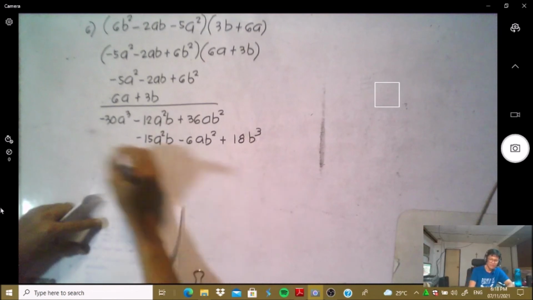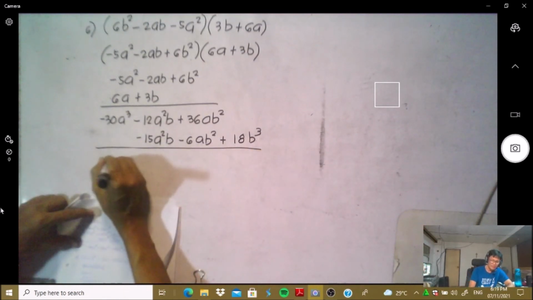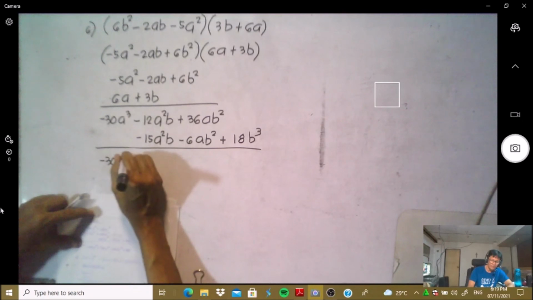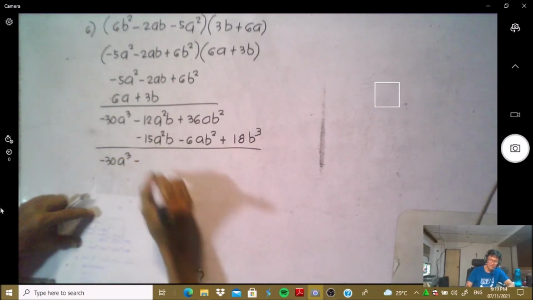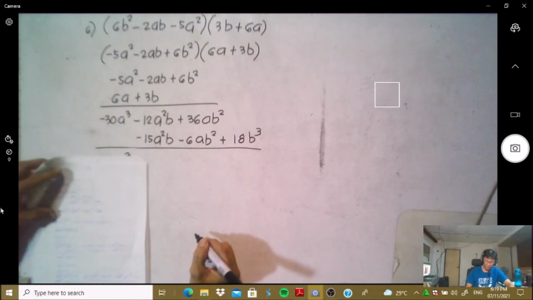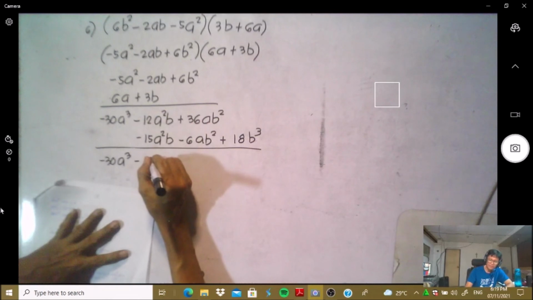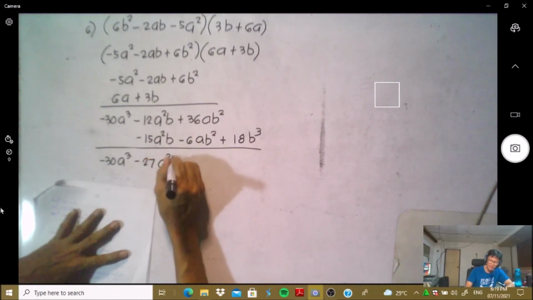Okay, so we can now combine. Therefore, we have negative 30a cubed minus, okay, 12 plus 15 will be 27a squared b.